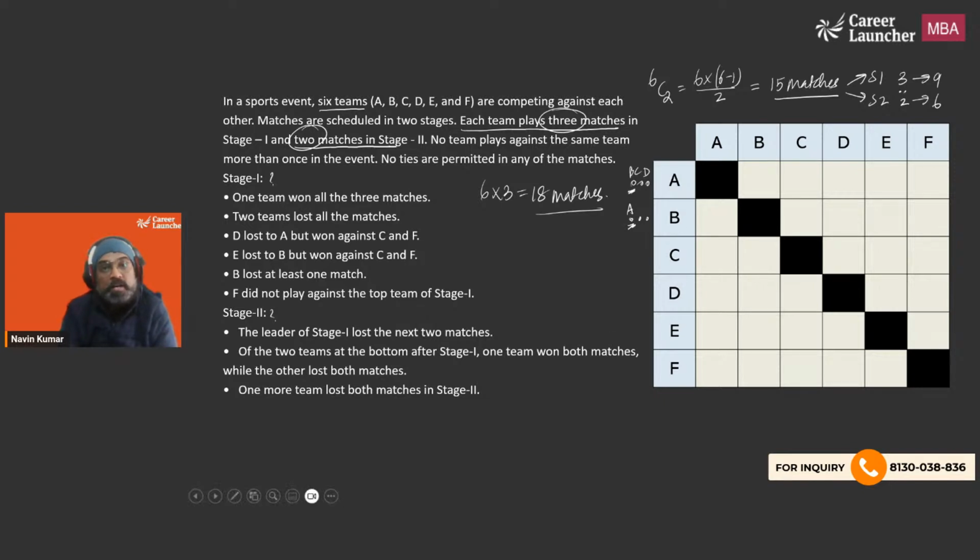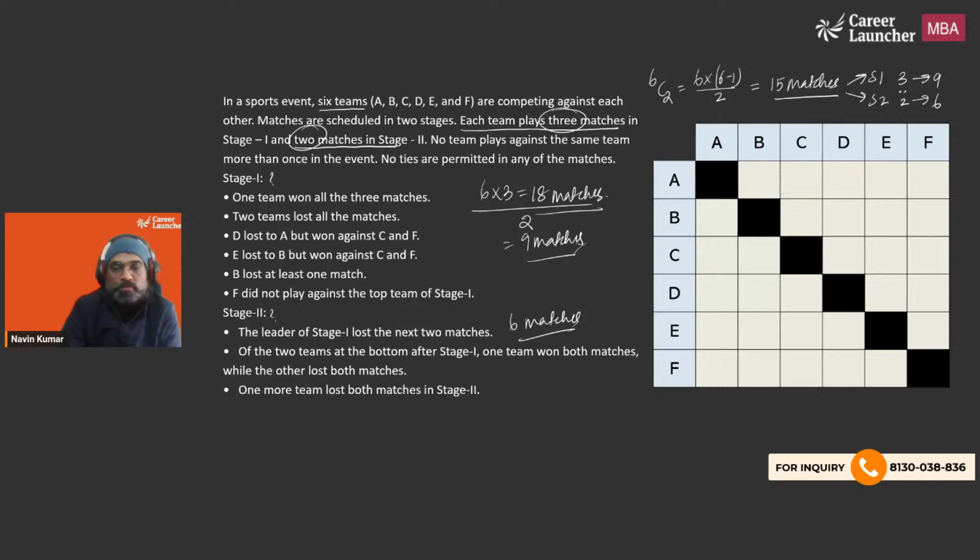We need it only once in order to count how many matches happened, since we are not counting how many matches each team played. So we are supposed to halve it overall. So we'll get 9 matches in stage 1 out of a total of 15 matches. That means the remaining 6 matches will happen in stage 2. So 2 different ways, one using ratio and another using the calculation.